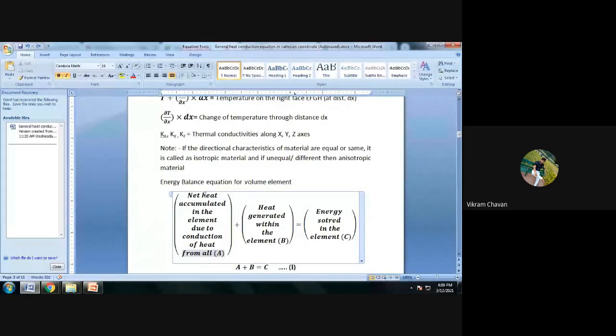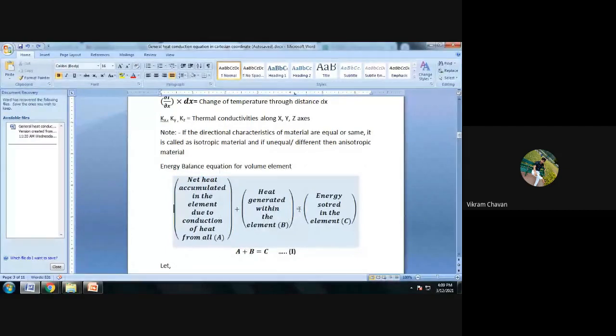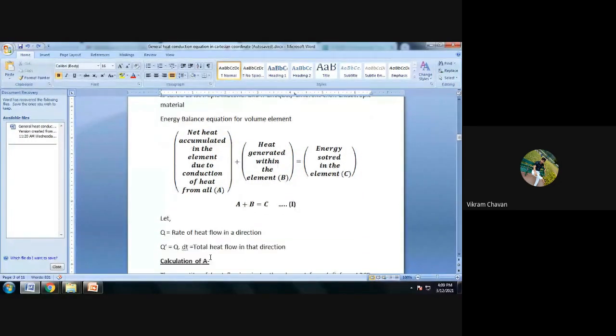According to the energy balance equation, we have labeled these A, B, C. So A plus B is equal to C, which is our first equation, Roman 1.